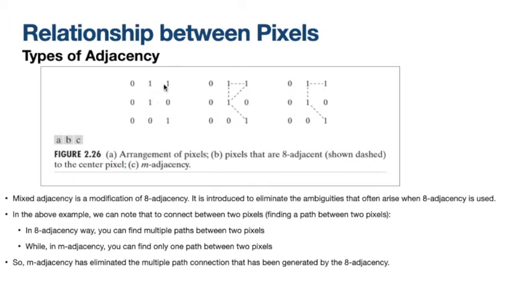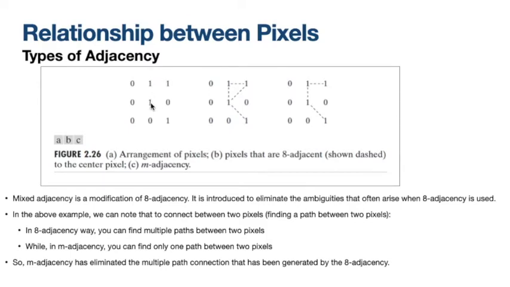So this way adjacency is possible, this way adjacency is possible, this way adjacency is possible. So there are multiple paths between two pixels, right? Between these two pixels, the central pixel and the top right pixel, there are multiple paths.